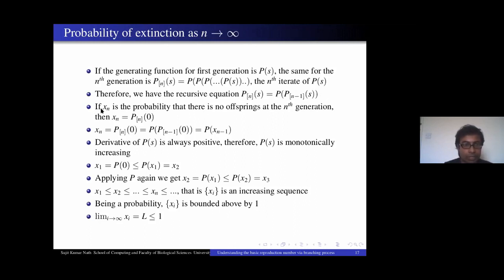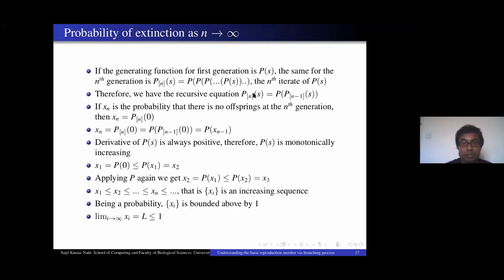Now if I want to ask what is the probability that there will be no offspring at the nth generation, that will be given by evaluating the nth iterate at 0, which gives you the probability of 0 offspring, right? Because the nth generation has generating function p0 plus p1 s plus p2 s squared and so on.